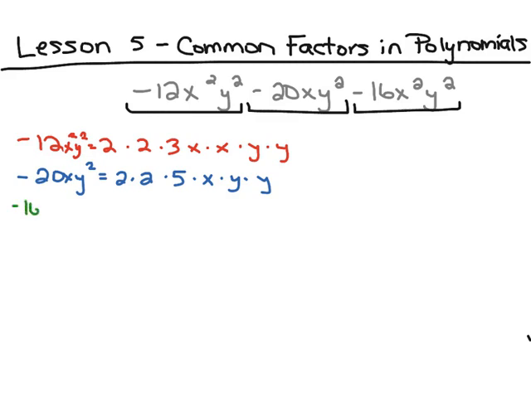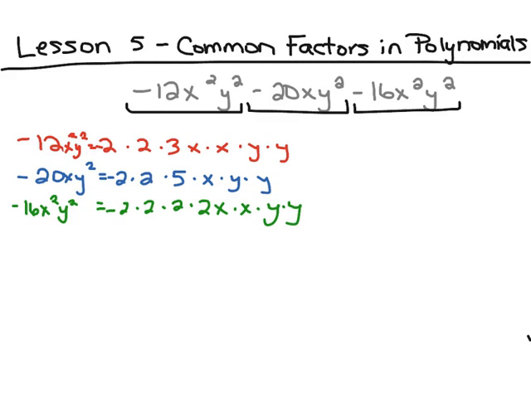And negative 16x squared, y squared is 2 times 2 is 4, times 2 is 8, times 2 is 16. We have 2 x's and we have 2 y's. Now all of these terms are negative, so one of our terms has to be a negative 2.